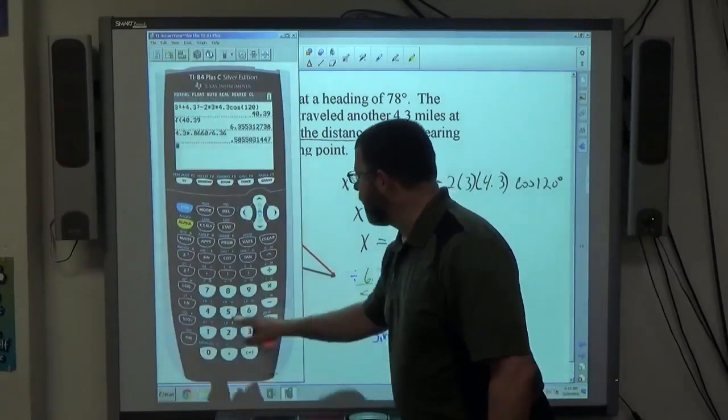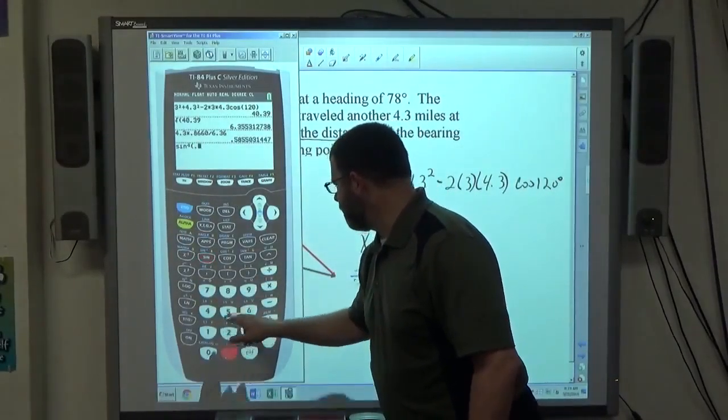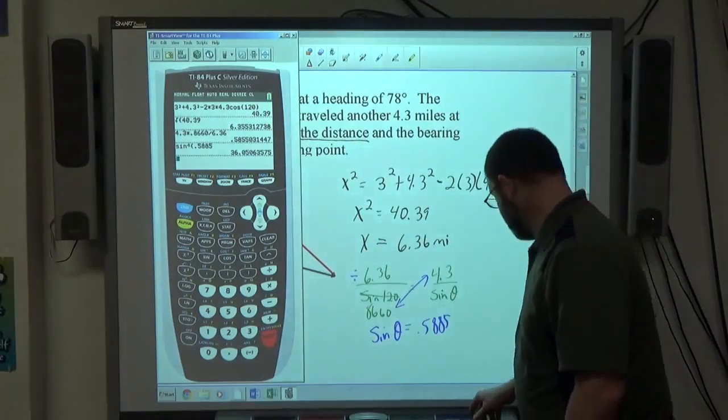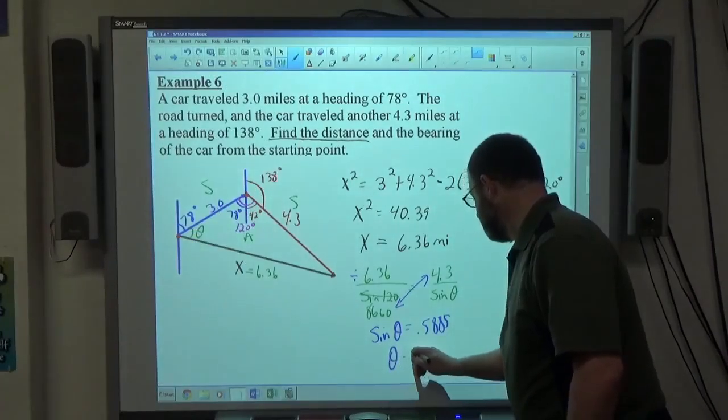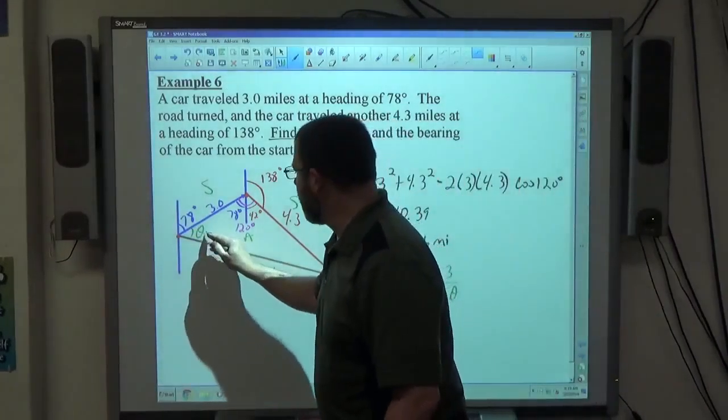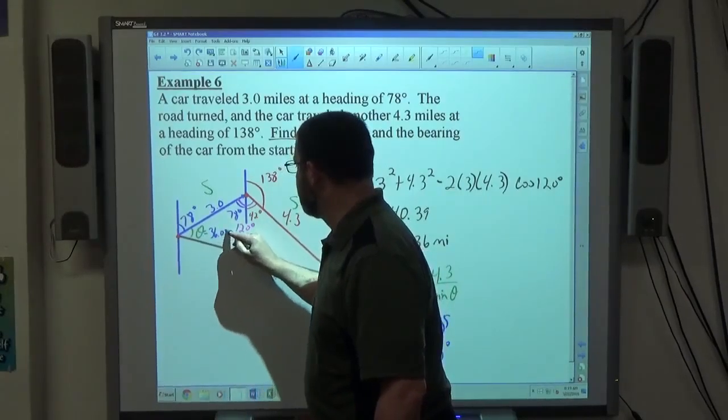So by inverse sine, 0.5885 comes out to 36.05 degrees. So I'll go ahead and put that in there: 36.05 degrees.